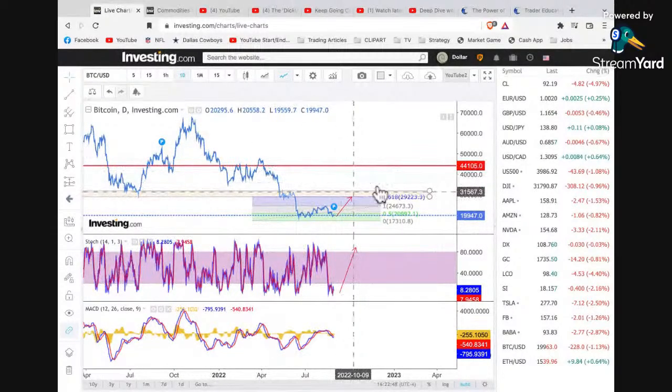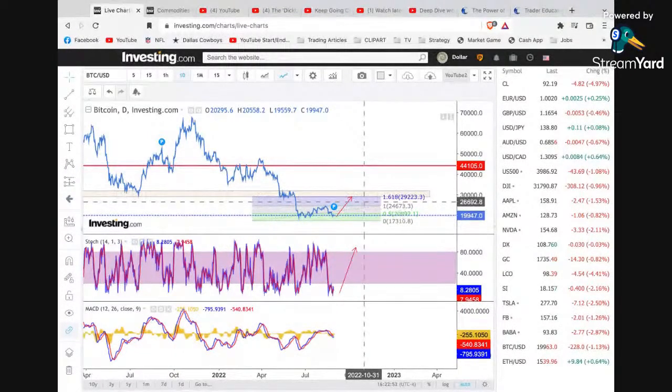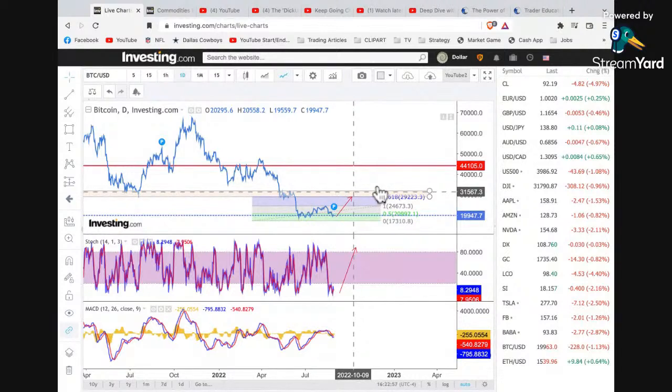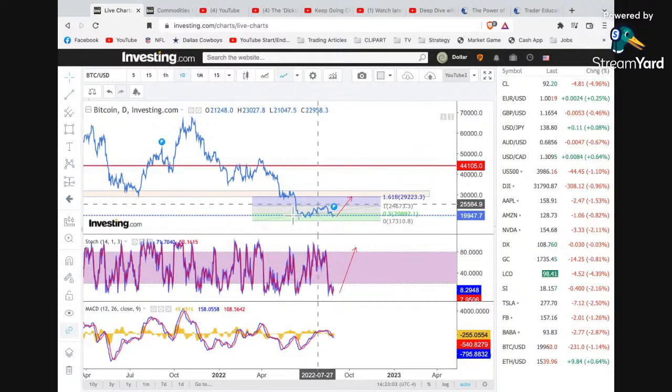Once we get here, it should have a little pullback. We'll see how aggressively. But for me and mine, if I owned it, I'd be selling it once it got to that area. And as far as Ethereum goes, in the area I pointed out there, and just in full disclosure, I am not trading cryptocurrencies in terms of coins, but I am actively trading Ethereum in the futures market.